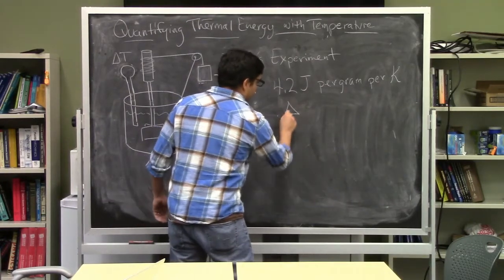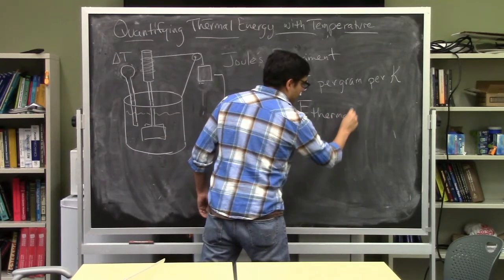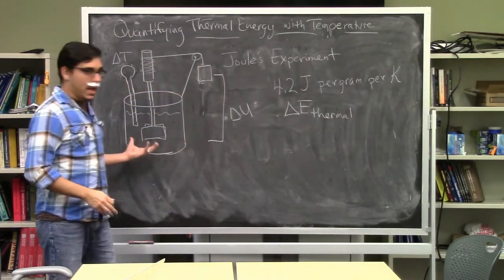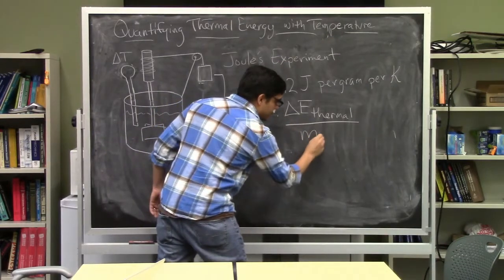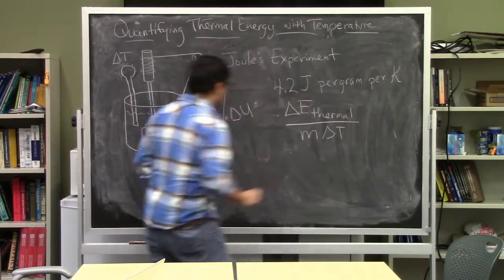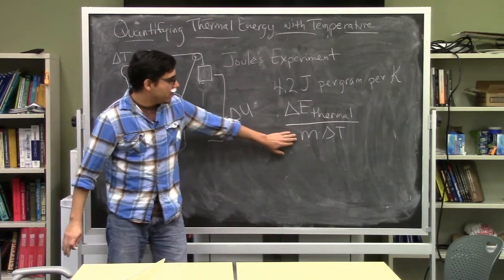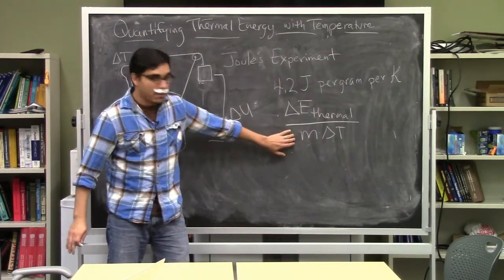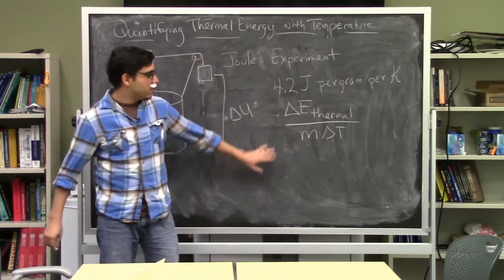What we find is that if we are connecting the amount of thermal energy change of some sort of bath like this, we can measure that by doing similar kinds of experiments. But we measure that as compared to the mass of that fluid bath and the temperature changes that we're seeing.